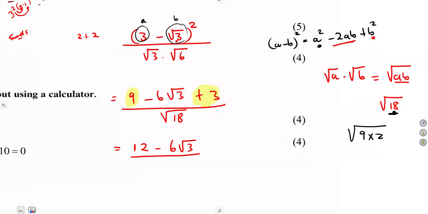Or you can use this method, because we know that we can separate this and write it as square root of 9 times square root of 2, where square root of 9 is 3. And what about square root of 2? We do not know, so it's going to remain. It's going to be 3 square root of 2 at the end in simplest form.